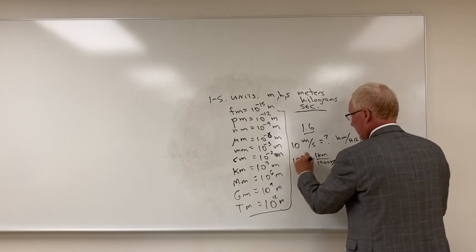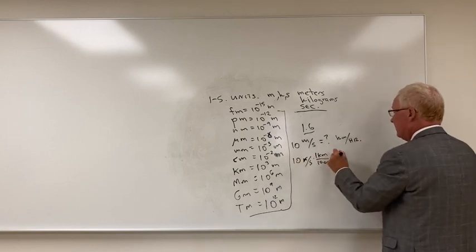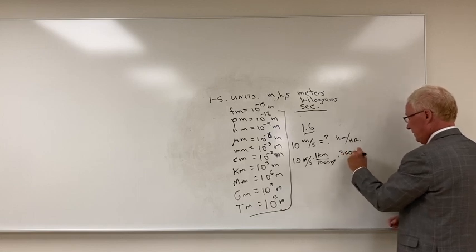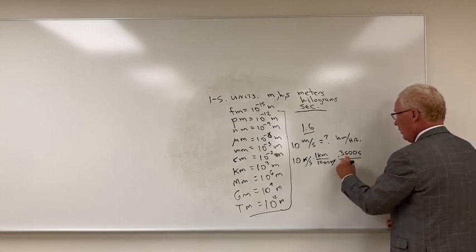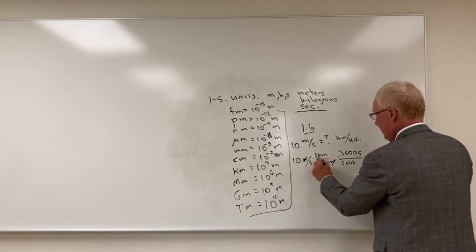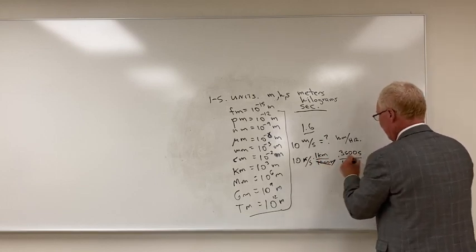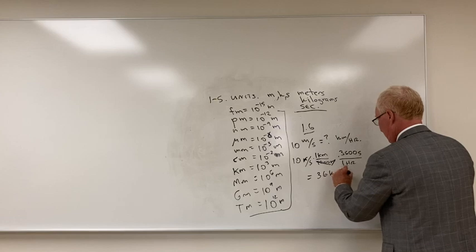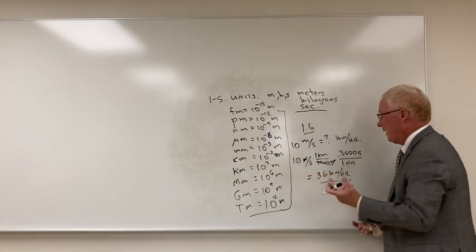Because these will cancel out, times 3,600 seconds per 1 hour. So this would turn out to be 3.6. This would be approximately 36 kilometers per hour. And that's just one example of that.